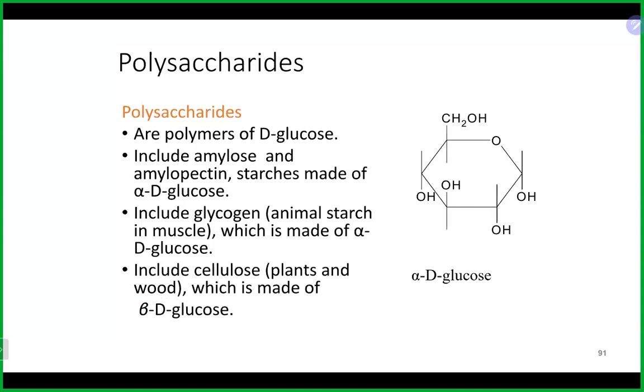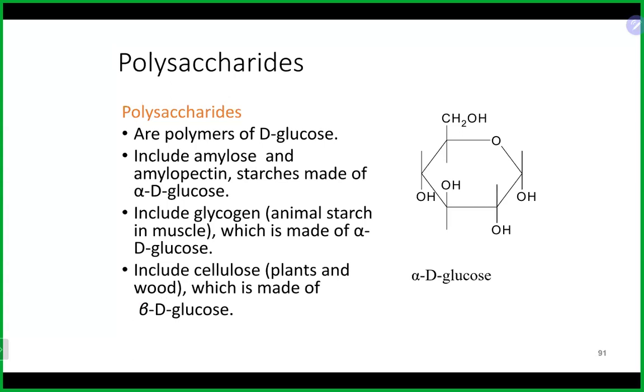They are polymers of D-glucose. In this case, they include things like amylose and amylopectin. They are starches that are made up of alpha D-glucose. They also include glycogen, which is animal starch in the muscle. We save some of our glucose through glycolysis as glycogen that we can break back down through gluconeogenesis to use for some energy.